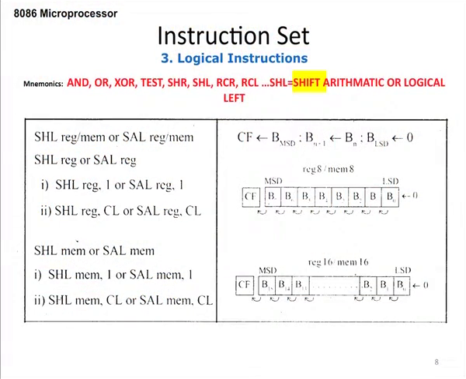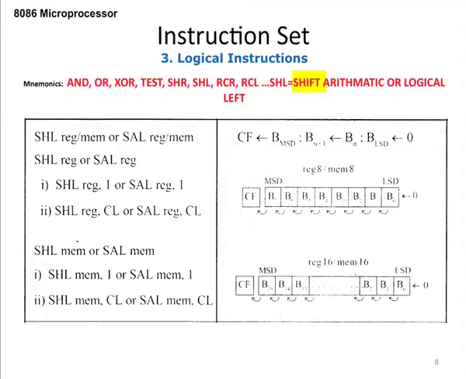Now let us discuss the next logical instruction, that is SHL, register or memory, or SAL, register or memory. Here SHL stands for shift arithmetic or logical left. This instruction will shift the contents of register or memory left by 1 bit.